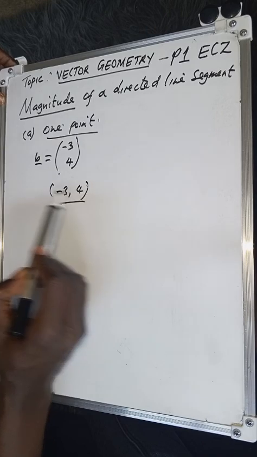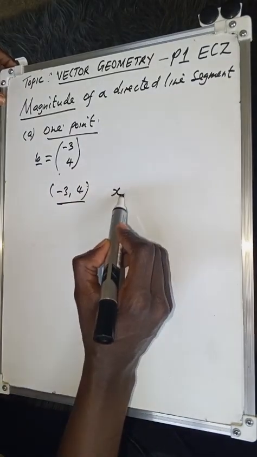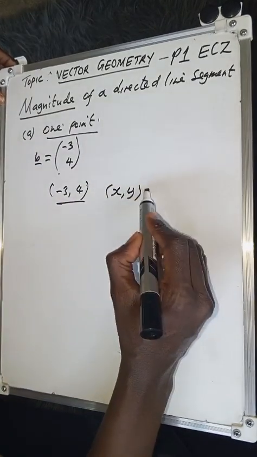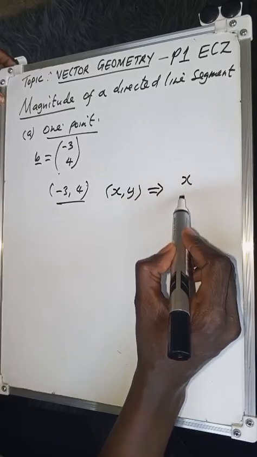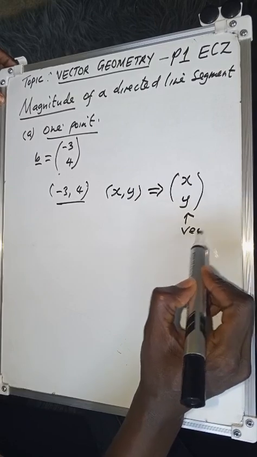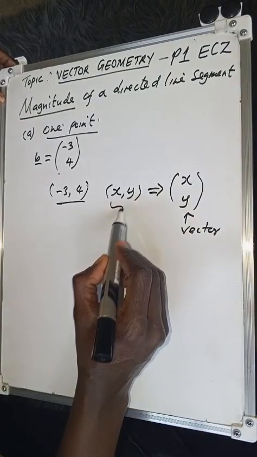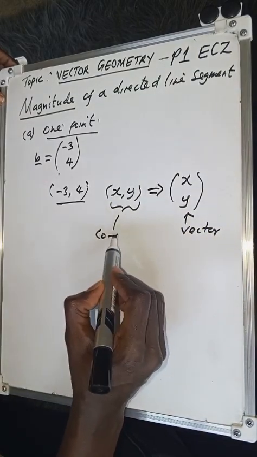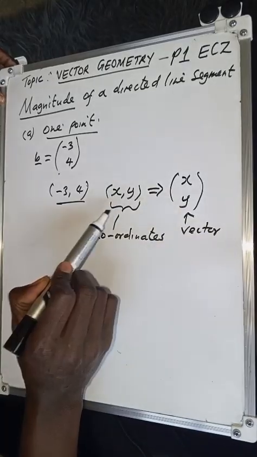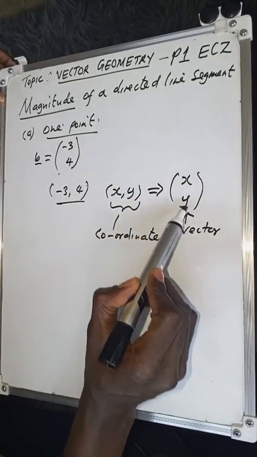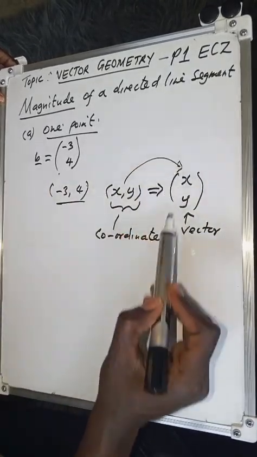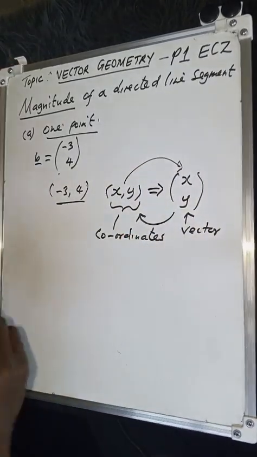If you write x and y horizontally, that's a coordinate. But if you translate this and write it in column form, then this becomes a vector. So you can change coordinates to vectors and vectors to coordinates, vice versa.